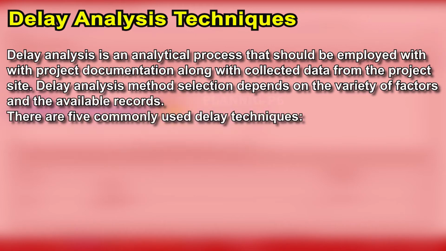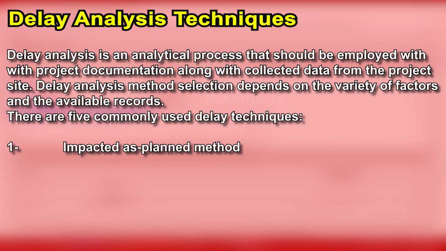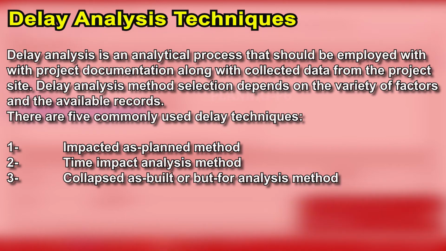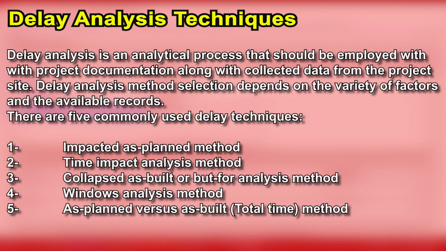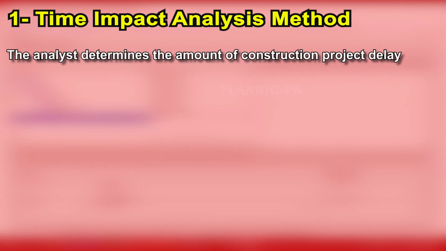There are 5 commonly used delay techniques. Number 1, impacted as planned method. Number 2, time impact analysis method. Number 3, collapsed as built or but for analysis method. Number 4, windows analysis method. Number 5, as planned versus as built, which is called the total time method.